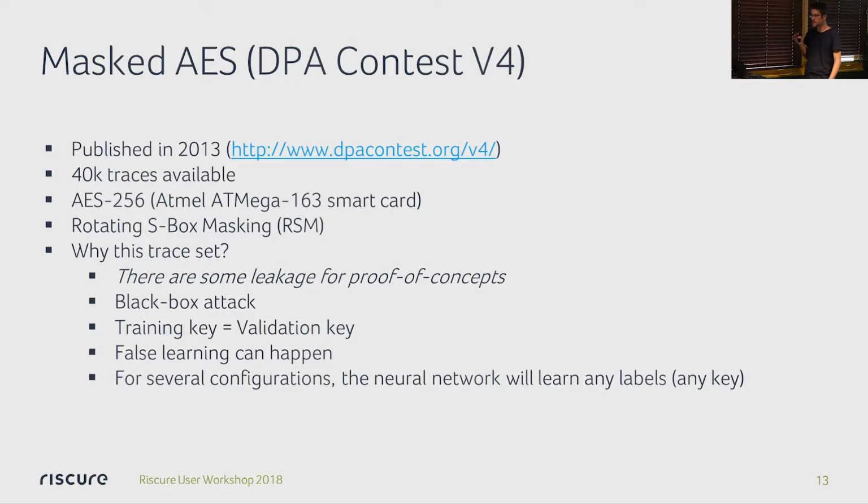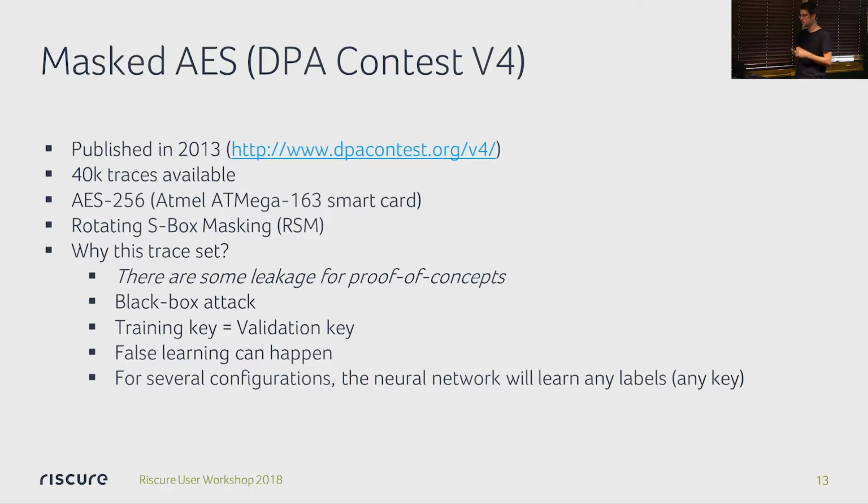The attack we tried here is black box. We don't consider any information about how the masking is implemented. There is a little bit of leakage in this target from proof of concept, which is not really strong, but for our case it's good enough. In this case, the validation key and the training key are the same because they are collected from one single device.